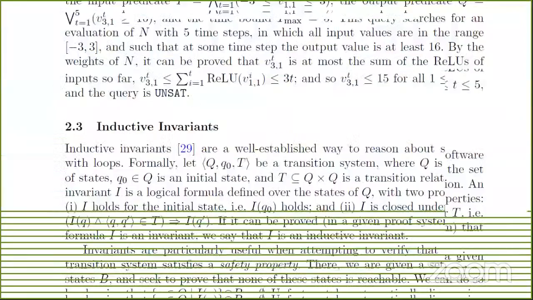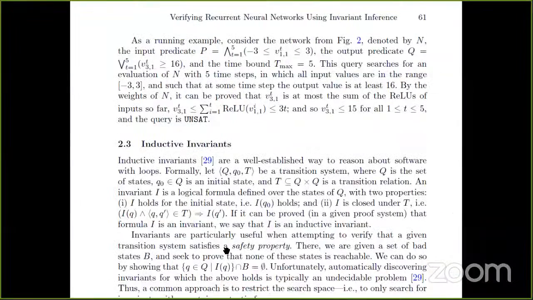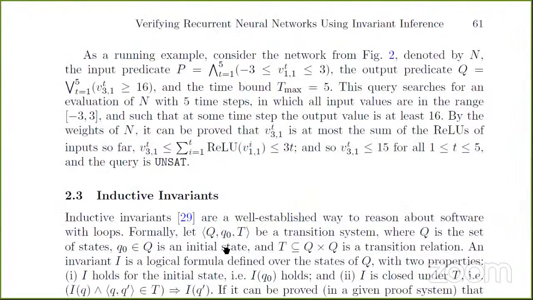Okay, so now, as a running example, these guys have defined a property for this thing, which is what we are going to be looking at. So you need 4 things, right? You need a precondition, you need a network, you need a post condition, and you need what is called this Tmax.